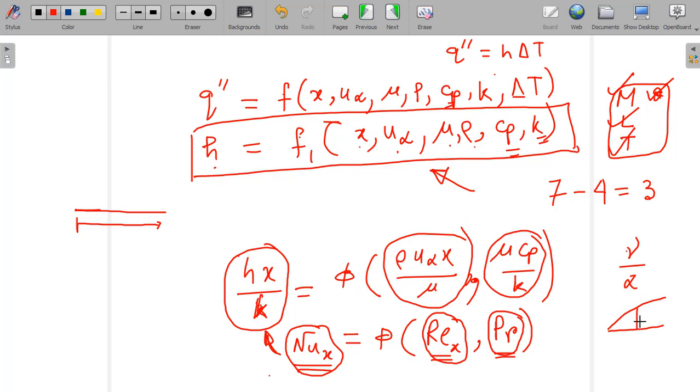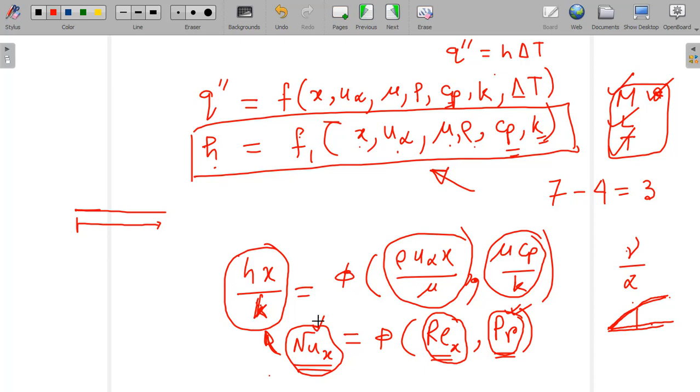If the Prandtl number is very high, the hydrodynamic boundary layer thickness is very large and the thermal boundary layer thickness is small. If the Prandtl number is very small, the thermal boundary layer will be very large and the hydrodynamic boundary layer relatively small. And if the Prandtl number is close to 1, both boundary layers have similar thickness. So this is the physical significance of the Prandtl number.